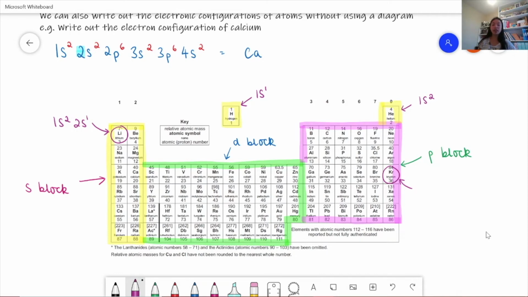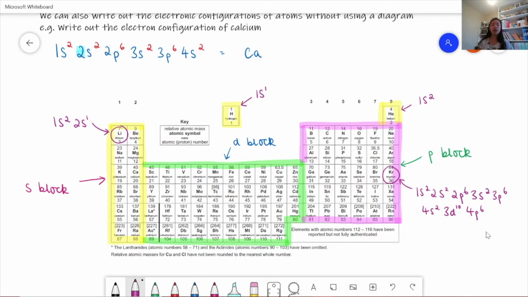So the electron configuration for krypton is 1s2, 2s2, 2p6, 3s2, and then we have 3p6, and we have 4s2, so we need to remember that that comes first before the 3d, and then we have 3d10, and then we have 4p6.